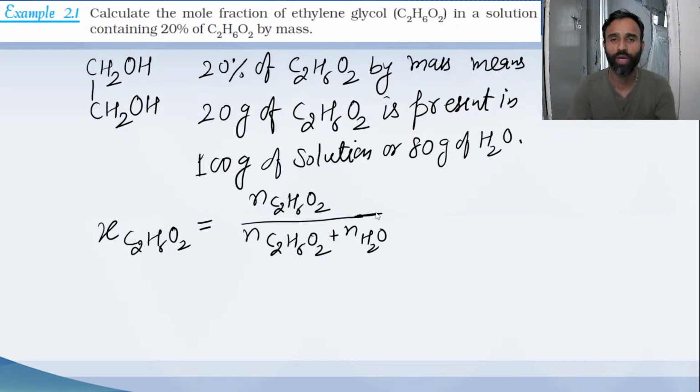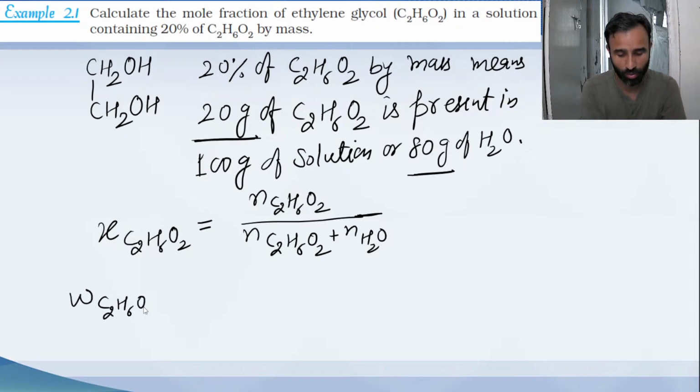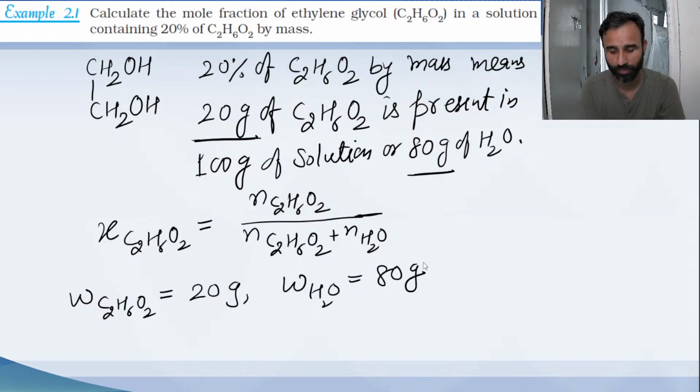This is the formula used. Okay. So now, 20 gram of ethylene glycol we have, 80 gram of water we have. Means mass of ethylene glycol and mass of water is given to us, because 20% of ethylene glycol.